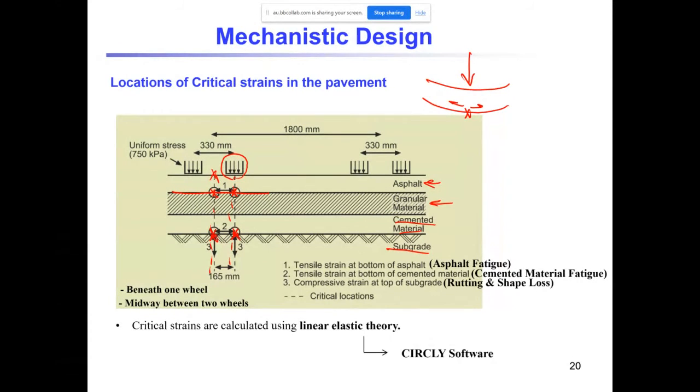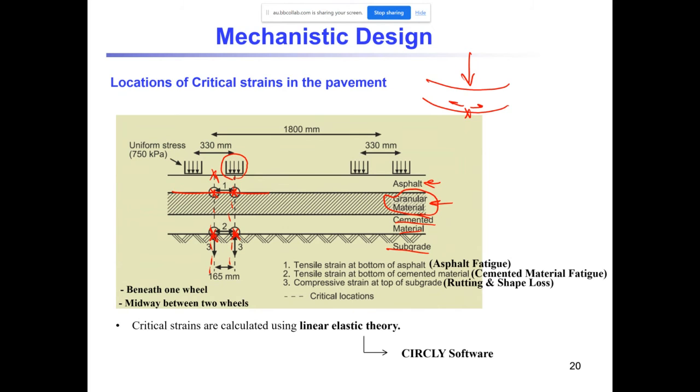We don't define any distress mode for granular material inside the structure of the pavement. In AASHTO, we have some distress mode because the failure of the pavement can be because of the poor quality or because of the variation of density of granular material. But we ignore that in Austroads.